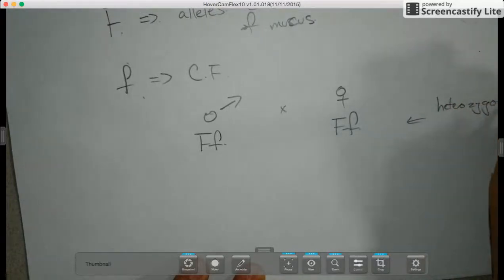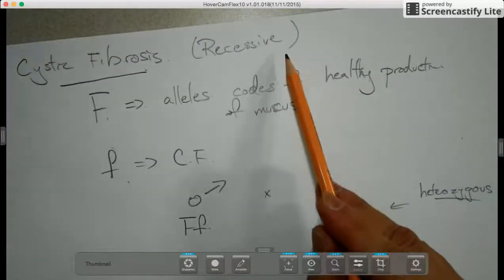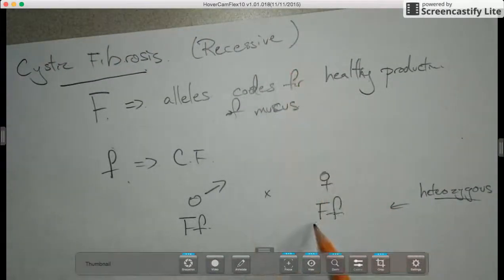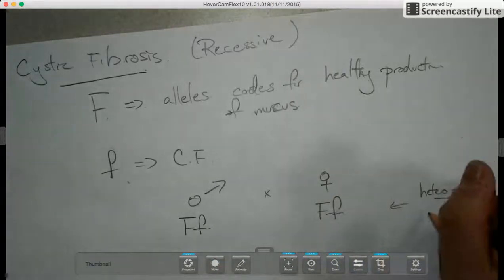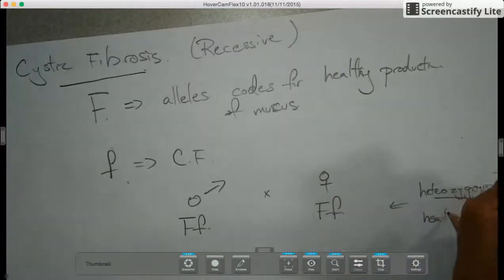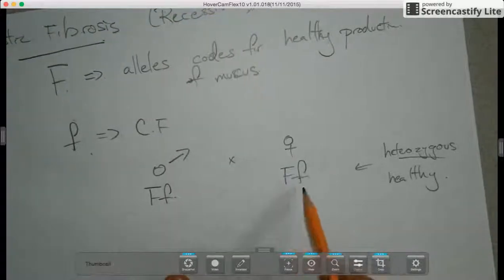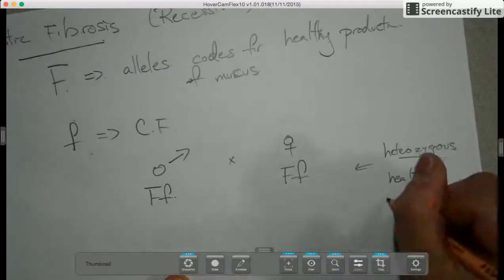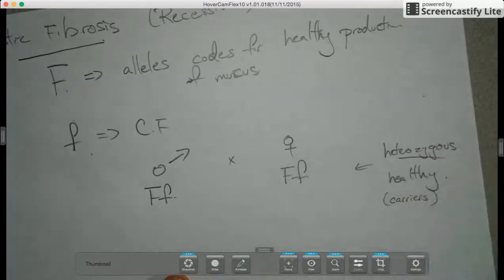Because you're talking about a genetic disease that is recessive, these people are heterozygous, even though they're healthy, but they still carry the allele, they still carry the gene for the disease. So you call these people carriers. Does it make sense?